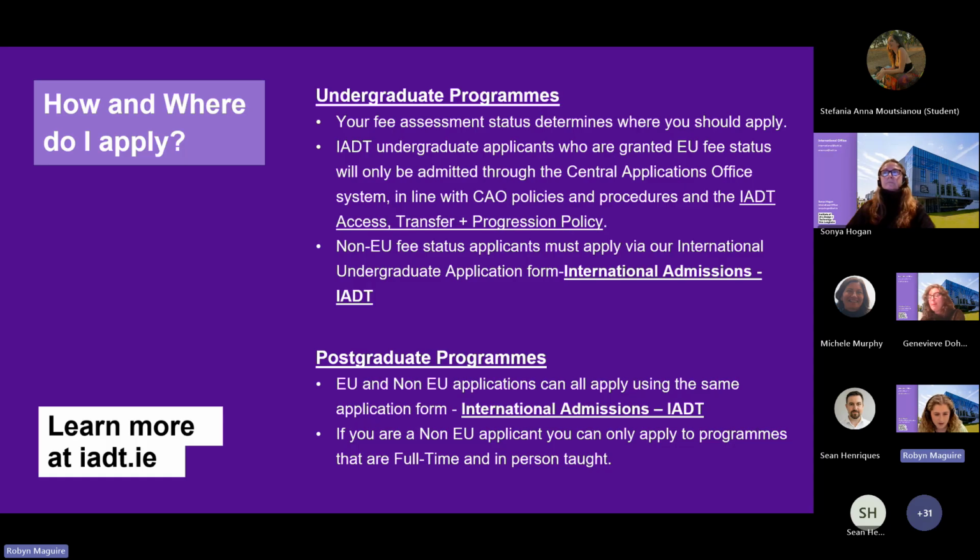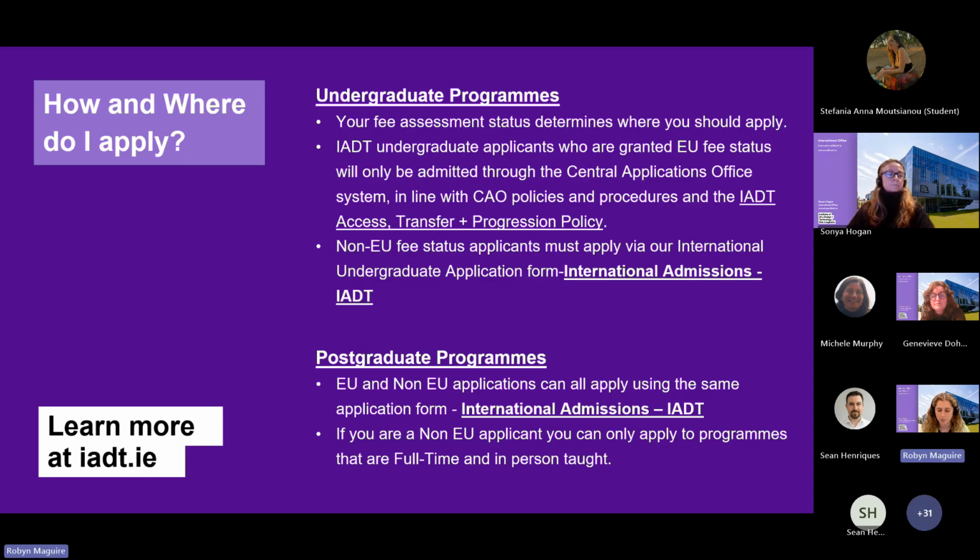For postgraduate programs, most of our programs are applied for directly on our IADT website, postgraduate. It doesn't matter if you're EU or non-EU, everyone applies on the same form. The only other program that has a different application form is the Film EU Erasmus Mundus Resound MA. The application form for that is directly on the Resound website.